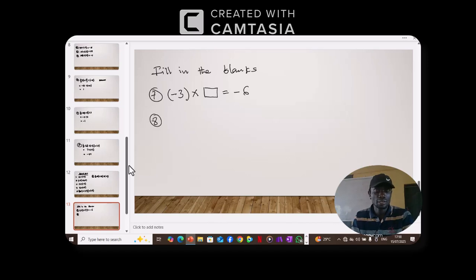Now 8, minus 14 divided by the box equals minus 2.